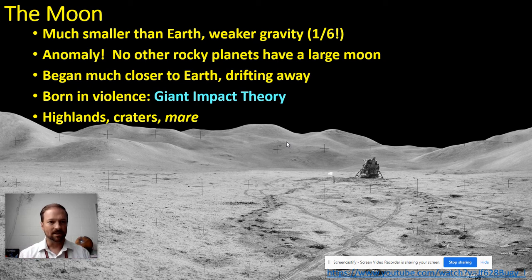Something happened. Something big. I'm talking Mars size big. Smashed into the young Earth, cracked the Earth open, rang the whole planet like a bell, destroyed the other object, they nicknamed that Theia, and bits and pieces of it orbited for a long time until they settled down into a moon going around our Earth.